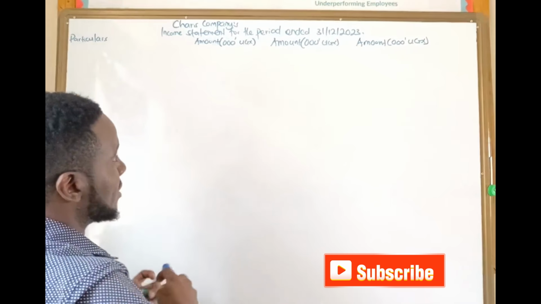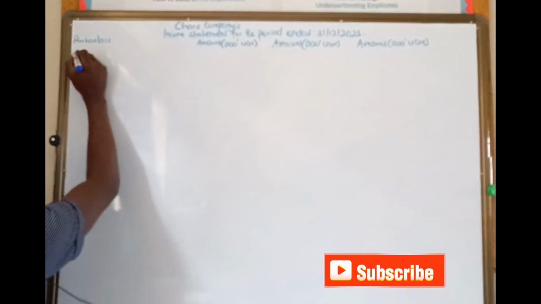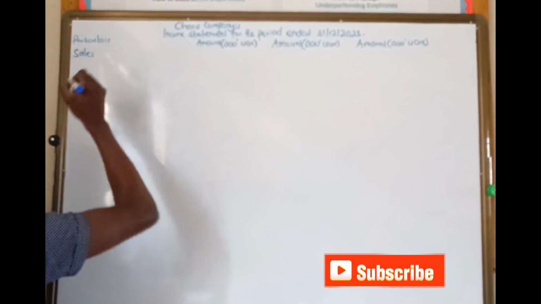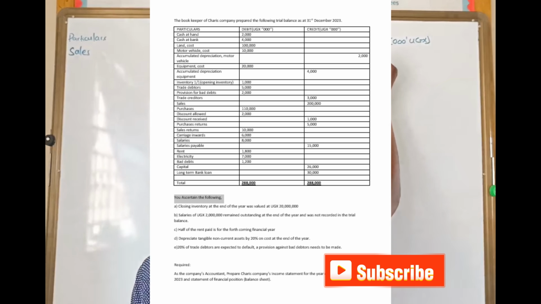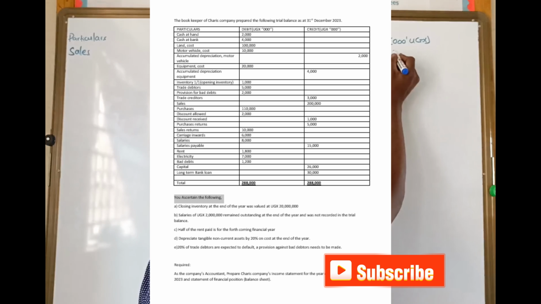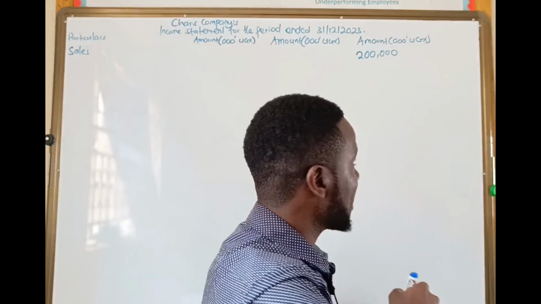So now, from our format, we said that we shall take the sales first. So we come and say sales, and they were how much? Our sales were 200,000. See? Then we have our sales returns, which is 10,000.